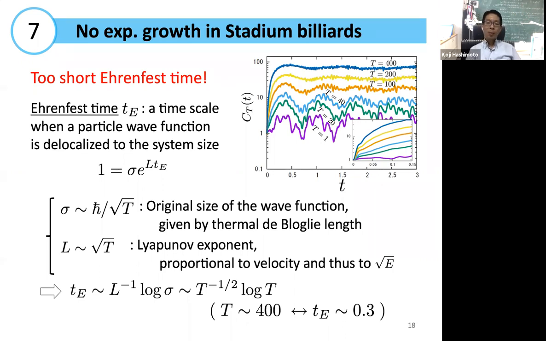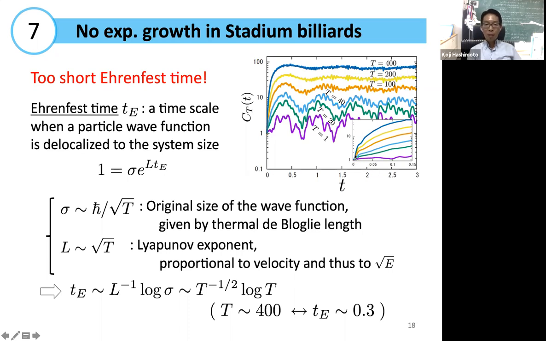And numerically speaking, if you look at this small picture, so I'm sorry that I should magnify it. This is time, and this is thermal OTOC in a log scale. If there is a straight line here, then it's exponentially growing.